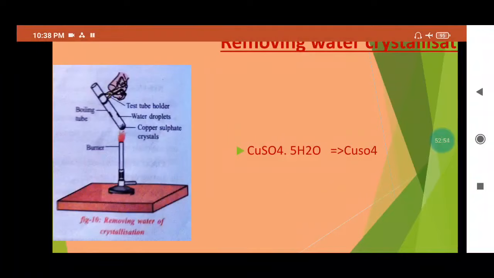Hydrated copper sulfate is blue in color. When it loses water molecules, the color of copper sulfate becomes colorless. Again, if you add water molecules, it turns blue again.